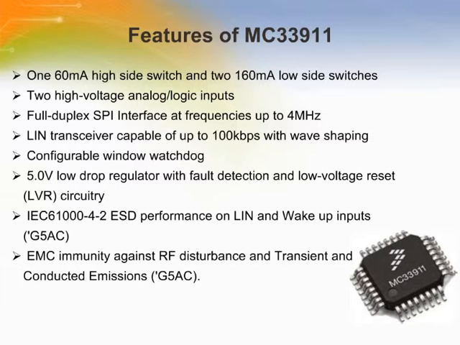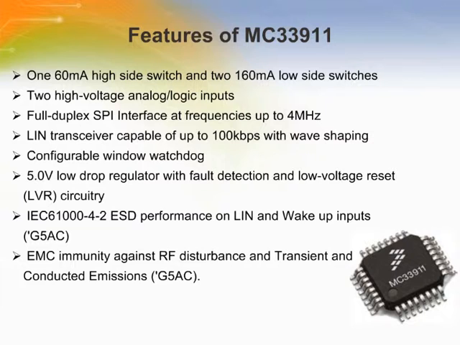The 33911 is a Serial Peripheral Interface (SPI) controlled System Basis Chip (SBC), combining many frequently used functions in an MCU-based system, plus a local interconnect network LIN transceiver. The 33911 has a 5-volt 50 milliamp low dropout regulator with full protection and reporting features.